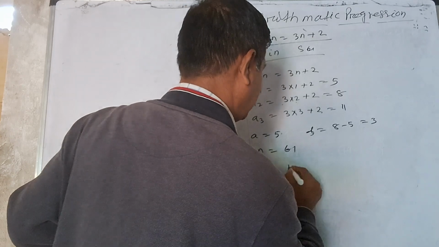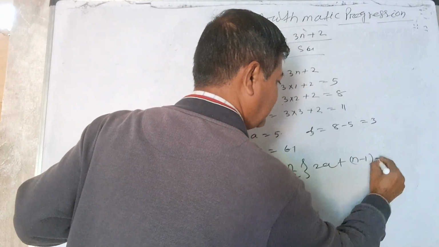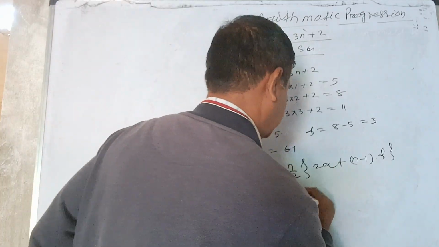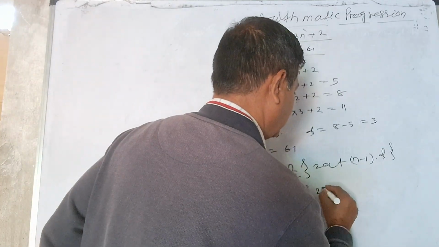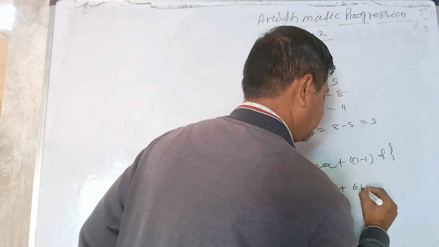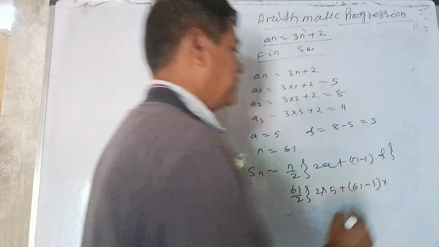The Sn formula is n by 2, 2a plus n minus 1 into d. n is 61. 61 by 2, 2 into a, which is 5, plus 61 minus 1 into d, which is 3.